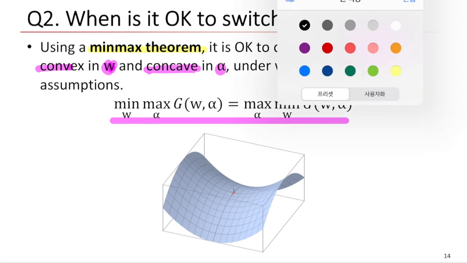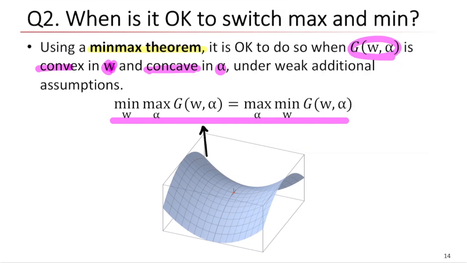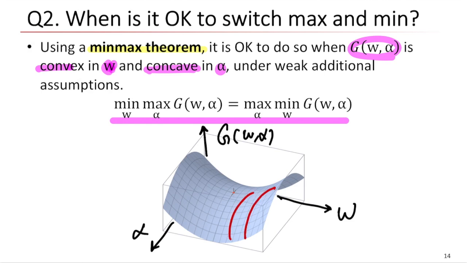Here's the figure. Okay, there are three axes. Let's say the first axis means alpha, the second axis means W, the last axis means G(W, alpha). Then if the loss function is concave in terms of alpha, the shape of the loss function looks like this.